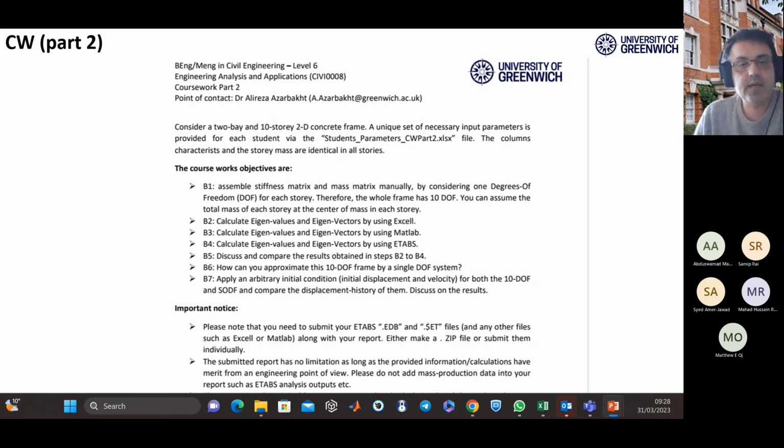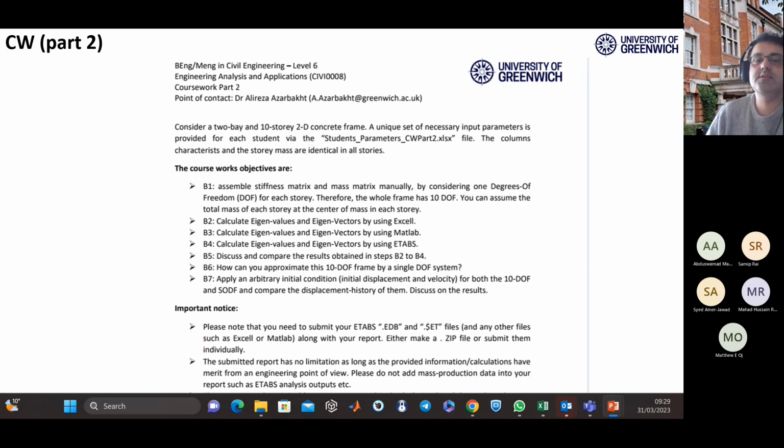B6 says, how can you approximate this 10 degrees of freedom frame by a single degree of freedom system? As we discussed in the lectures, the first mode contributes mostly to the final deformation, and that's why you can answer this question: I can approximate my 10-story building with a single degree of freedom system with the natural period equal to the first natural period of the 10-story building.